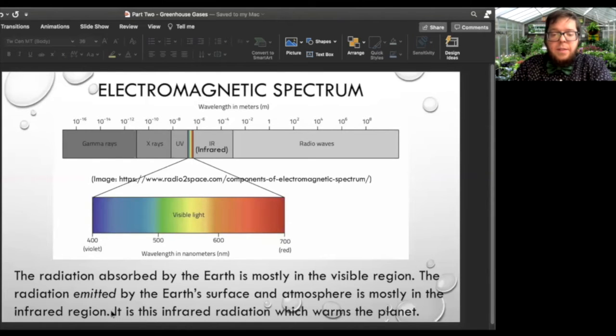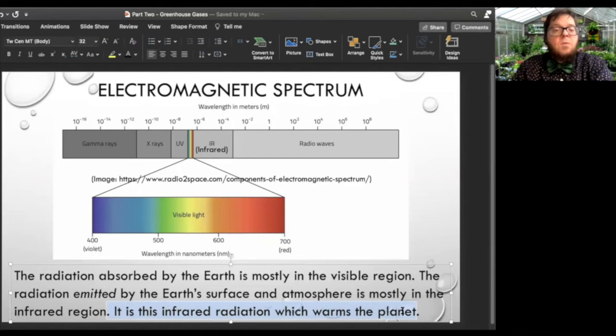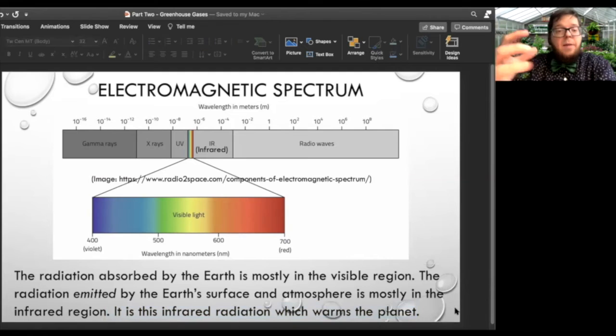This is the infrared radiation I'm talking about when I say the greenhouse effect warms the planet. The atmosphere re-emits infrared radiation back towards the surface of the Earth, and that is the greenhouse effect. So we need to talk about stuff that absorbs and emits infrared radiation.